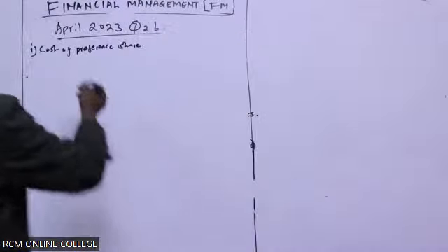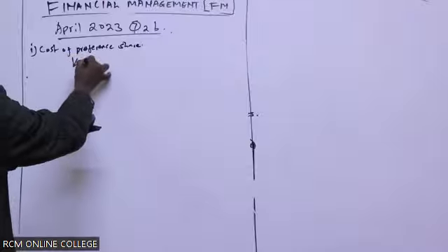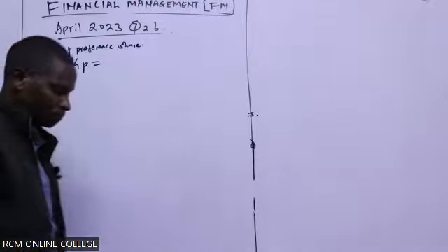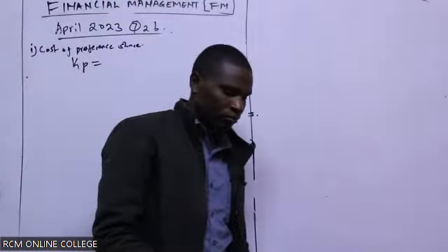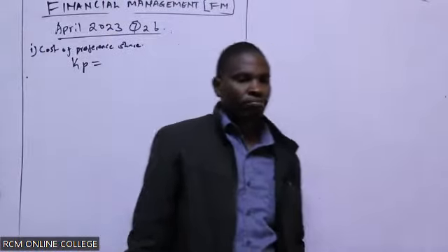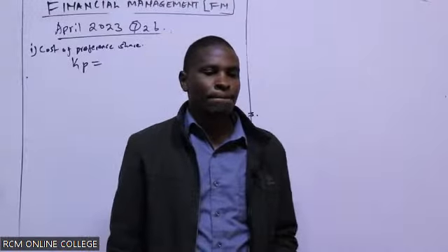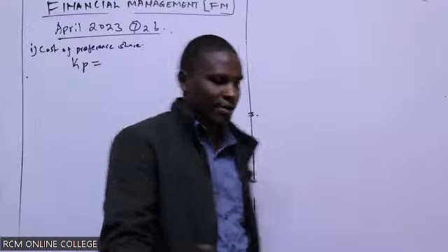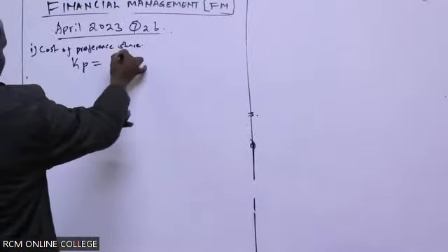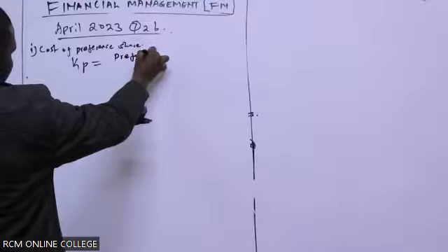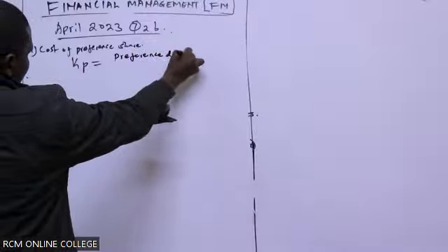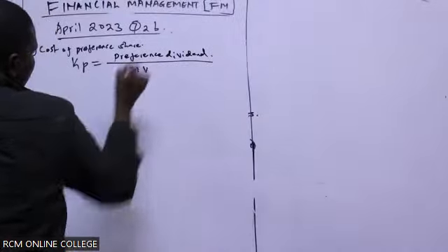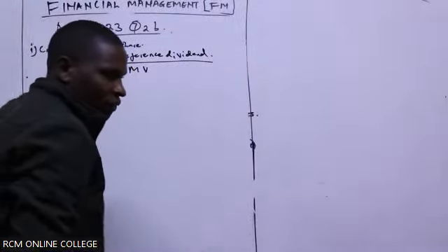The formula of KP is PD over market value. PD is preference dividend, over market value.